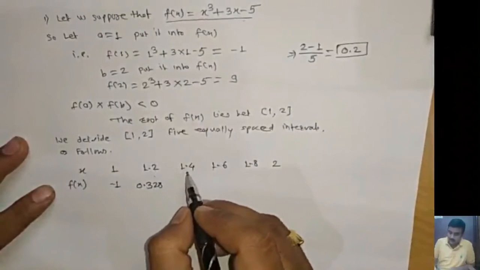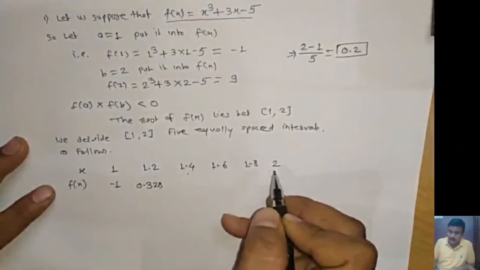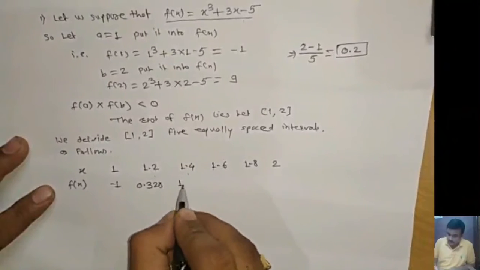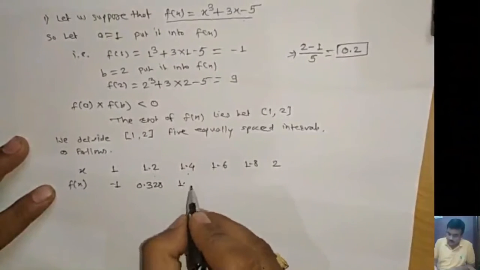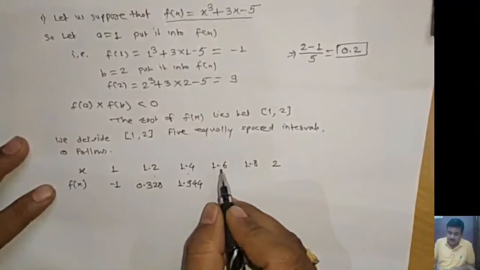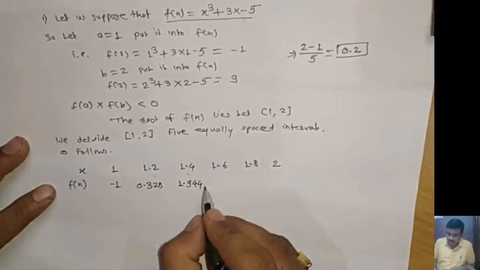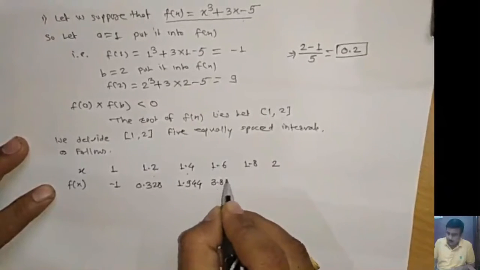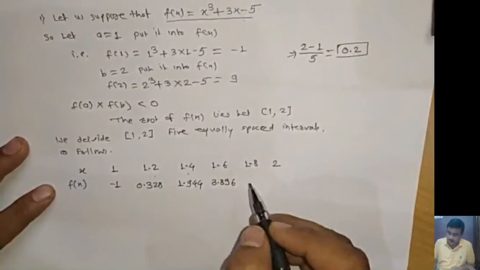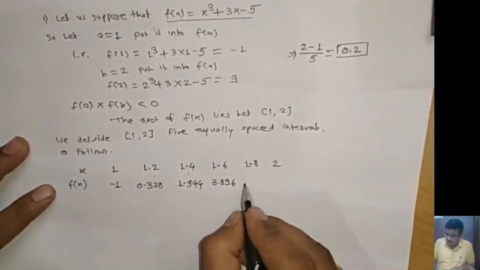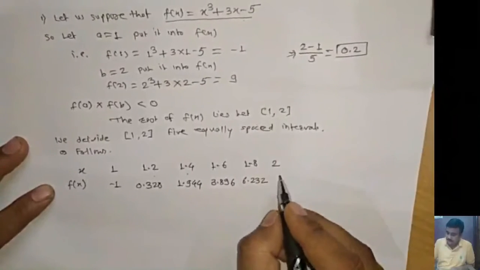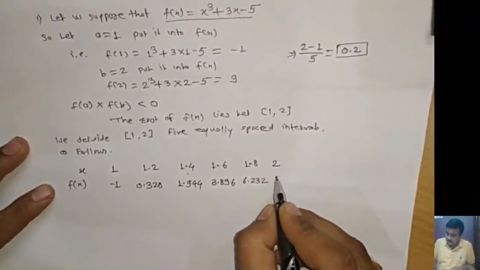Similarly, for 1.4, the value of function f of x is 1.944. By putting x equals 1.6, we get the function value as 3.896. By putting x equals 1.8, we get 6.232. And when we put x equals 2, we get 9.